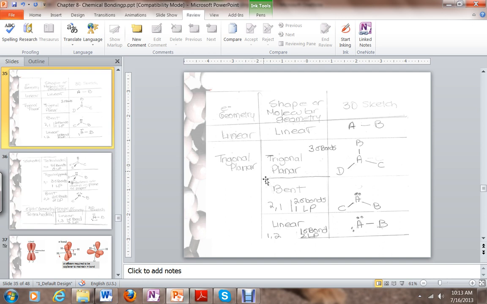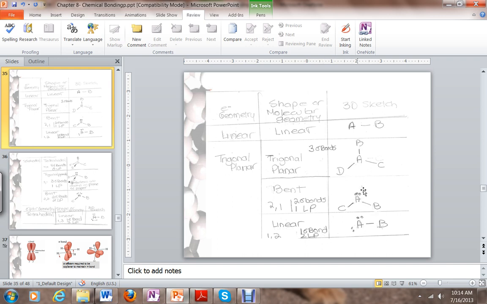Now, if you've got trigonal planar bent, remember we're talking about 3 domains. 2 domains are atoms with sigma bonds, and 1 is a lone pair. You do the 120 degrees, and you represent this on the plane.